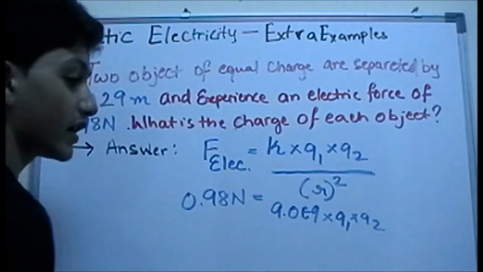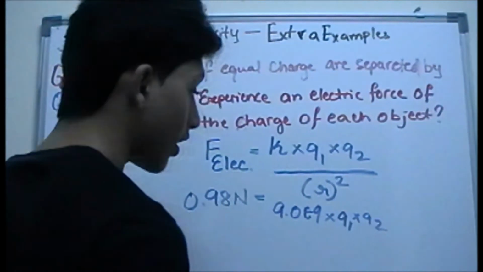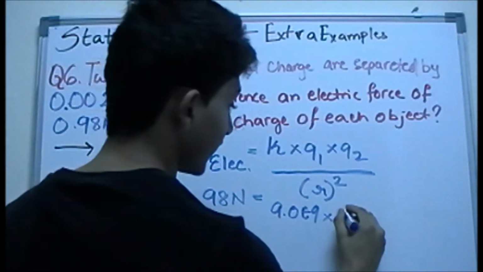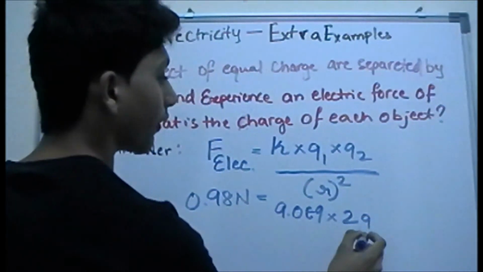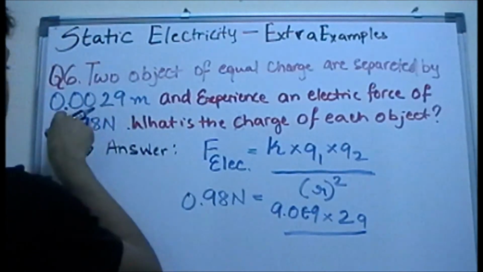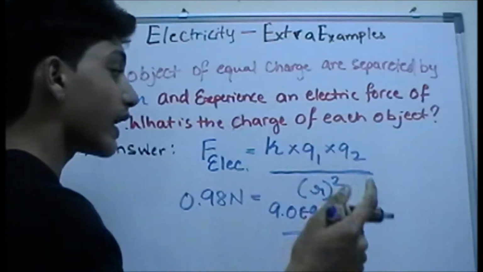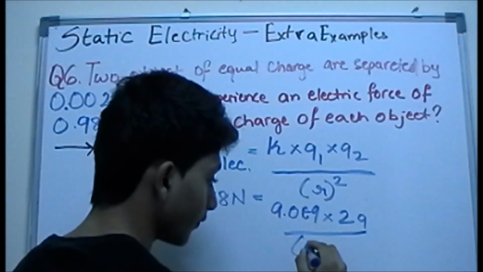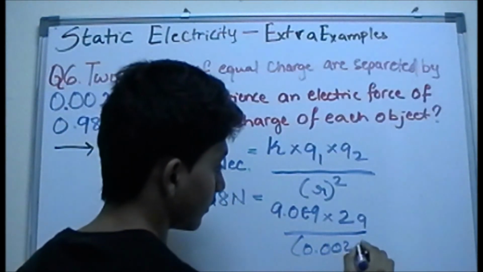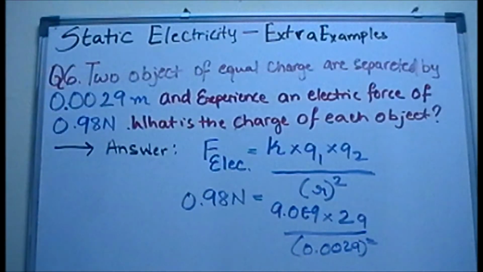If you have two quantities that represent the same charge, you can write 2Q, and you divide it by the distance, which is 0.0029 meters, that is being squared.